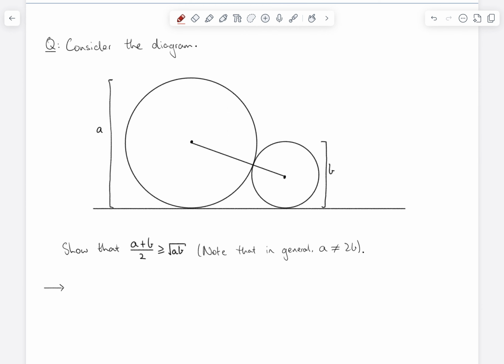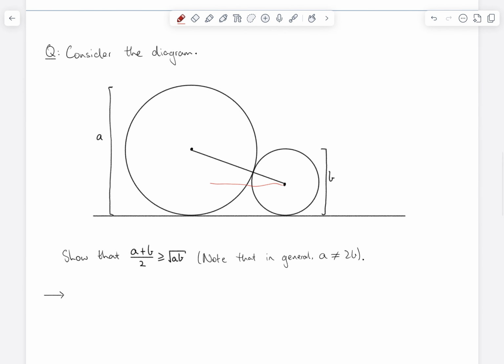I can notice that here I could generate a right-angled triangle. Well, that's no good. Yeah, that's good enough. So I'm coming from the center of the smaller circle, extending out a line horizontally to the left until it meets the vertical point of the center of the larger circle.